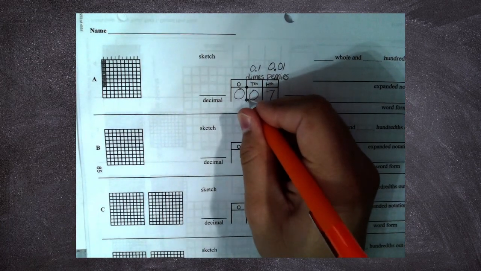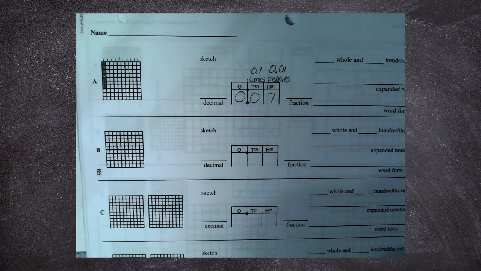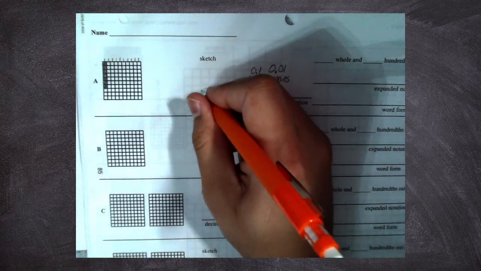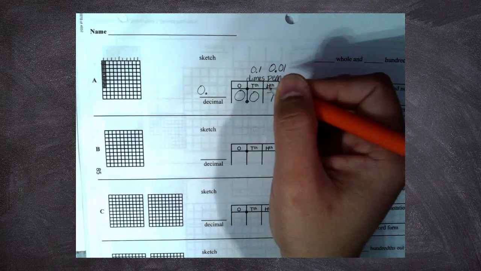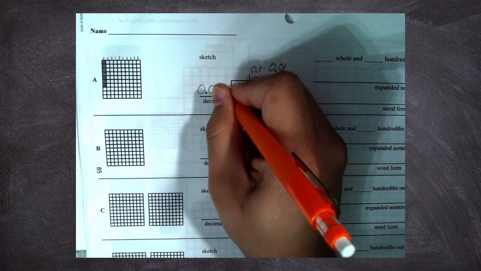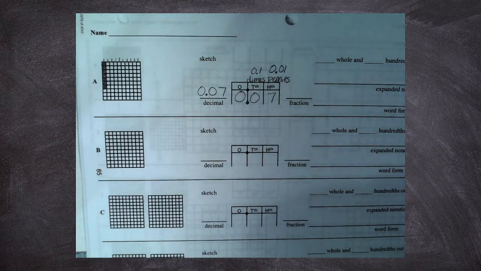So my decimal is going to be just like it is on my place value chart. 0.07.